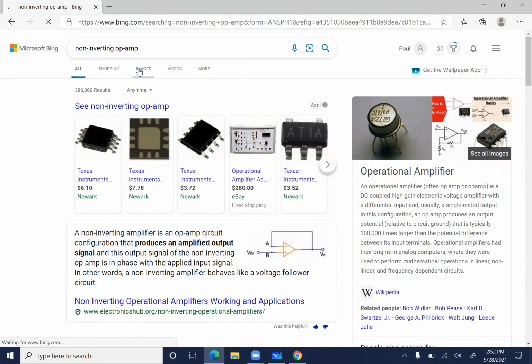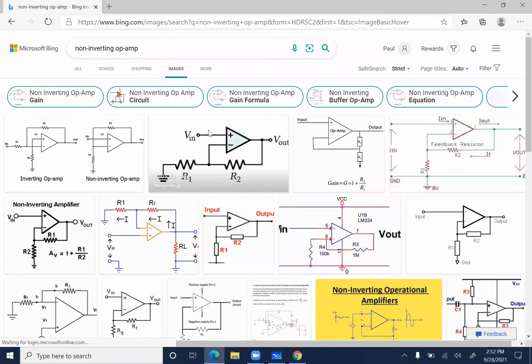That's a voltage follower. Okay, here we go. So I put the wrong connection. You can see here, Vn is at the positive terminal. So that's incorrect. So let's go back to this one.